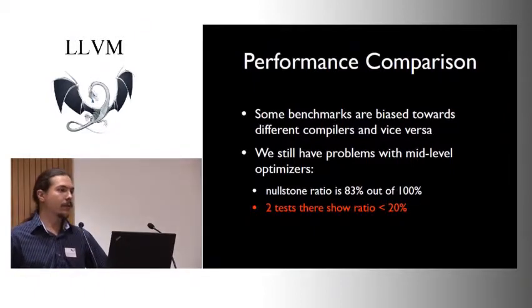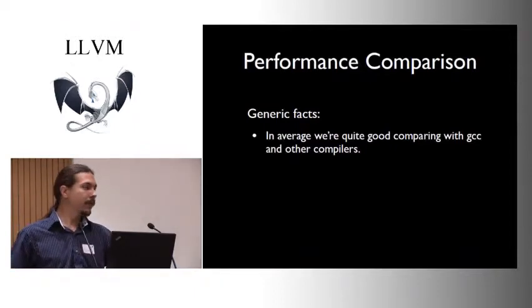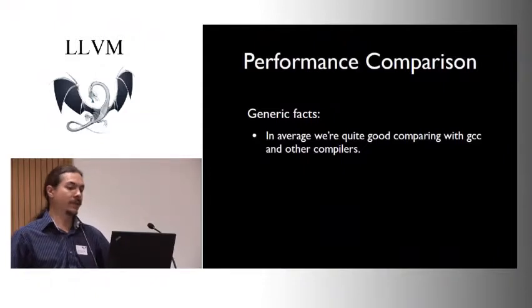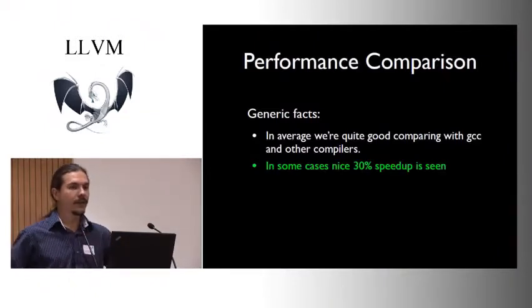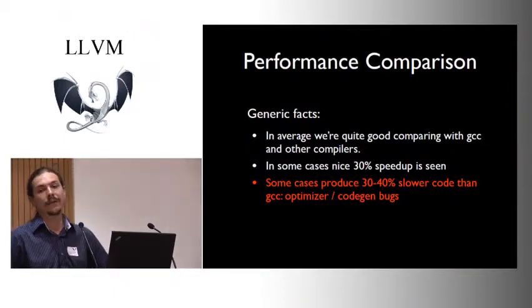On average, LLVM generated code is quite good and quite fast compared with GCC and other compilers. In some cases, we saw a nice 30% speedup. In some cases, we saw slowdowns. Some of these slowdowns were identified as deficiencies of the middle level optimizers and deficiencies of the backends.